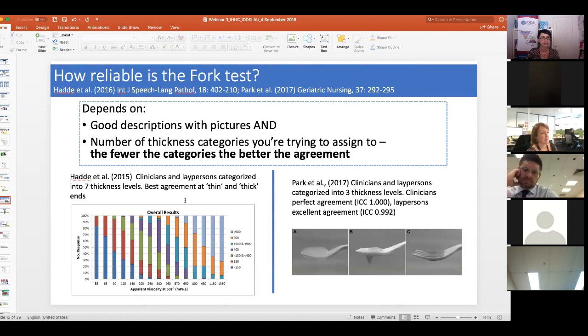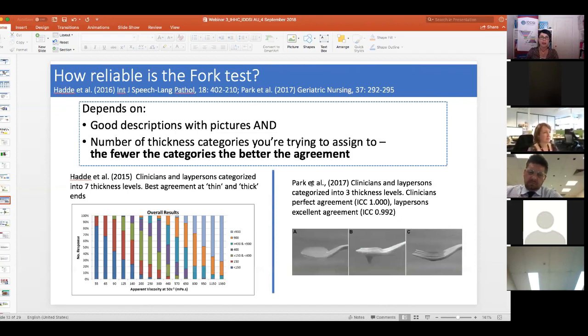The clinicians and the laypersons were well able to categorise anything at the very thin end, where those dark blue bars are, and they were quite accurate, and also at the other end where the pale blue lines are indicating greater than 900. The things in the middle were not quite as consistent. It was more difficult. Those middle levels of thickness were difficult to categorise because there were so many different buckets to try and categorise them into.